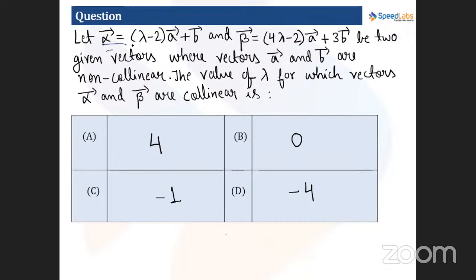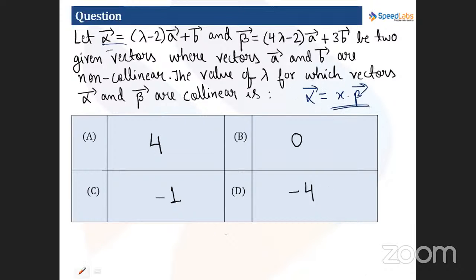Alpha vector is given as this, beta is this. We have to find where alpha and beta are collinear. So when alpha and beta are collinear, that means alpha has to be some x into beta vector. This can be 2, 3, 4, 5, anything.